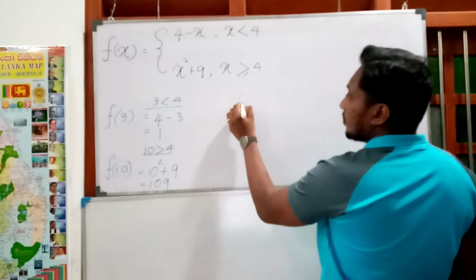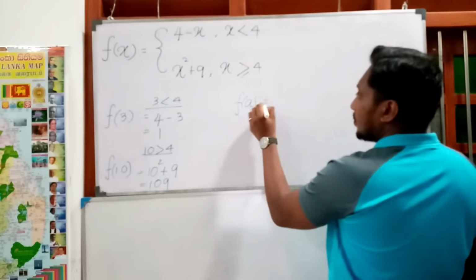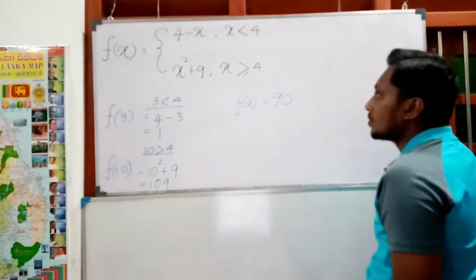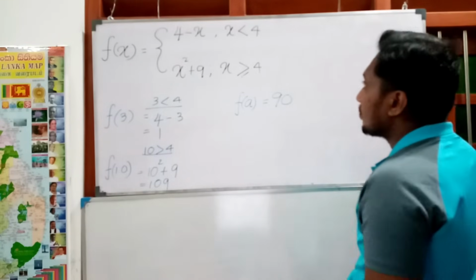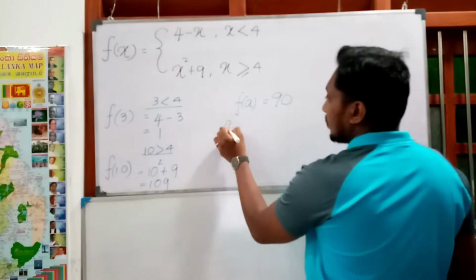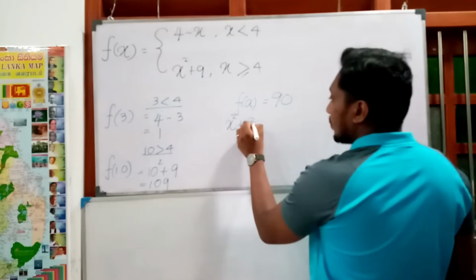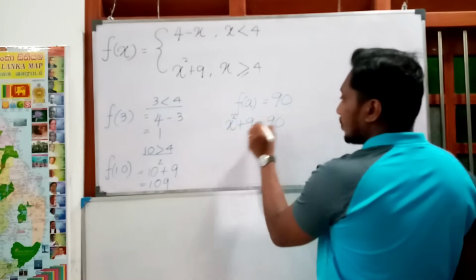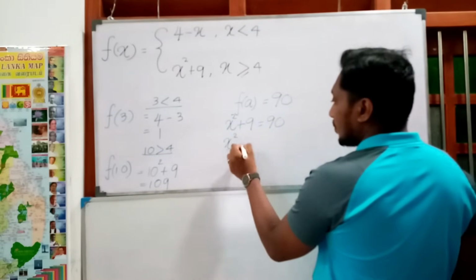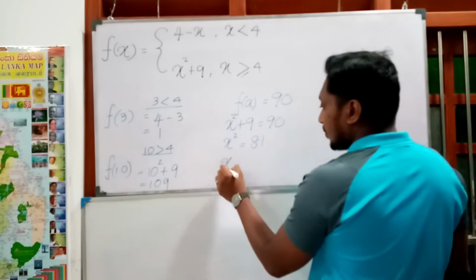Part C. They ask us to find the value of a such that f(a) is 90. You may wonder which of these two functions we should select to solve this. Anyway, we take x squared plus 9 first. x squared plus 9 is equal to 90.